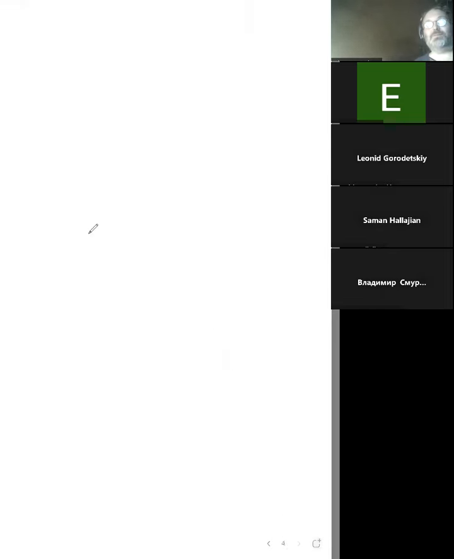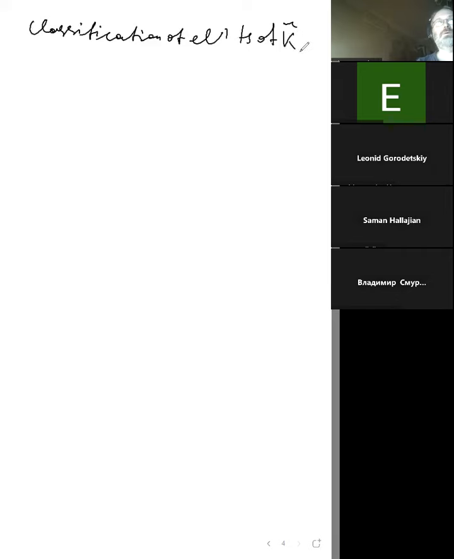Let's classify elements of K tilde of X. Well, my claim is that K tilde of X is isomorphic to what?